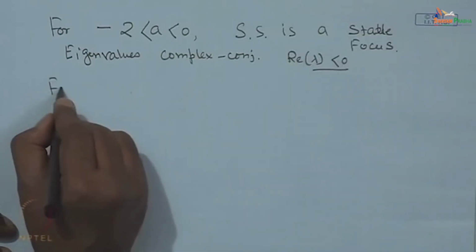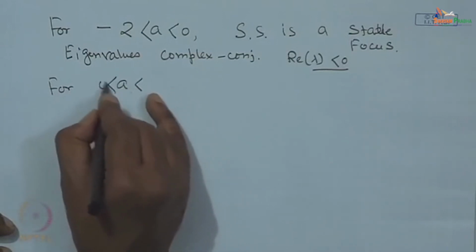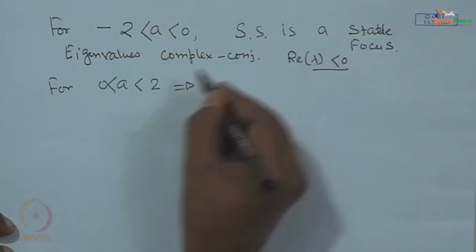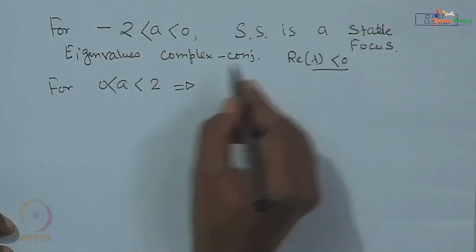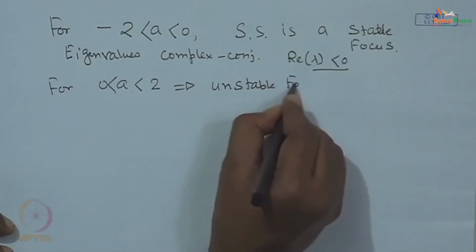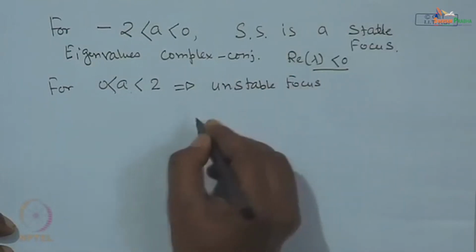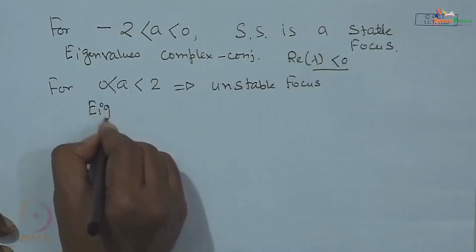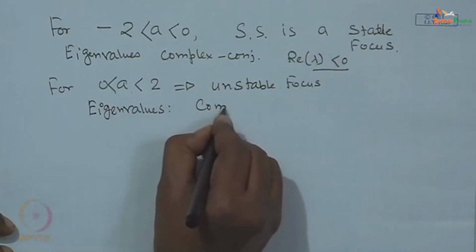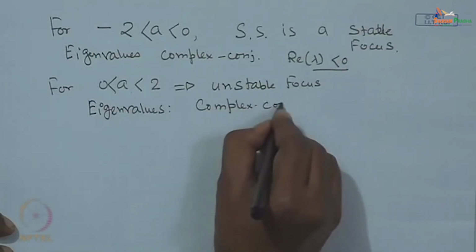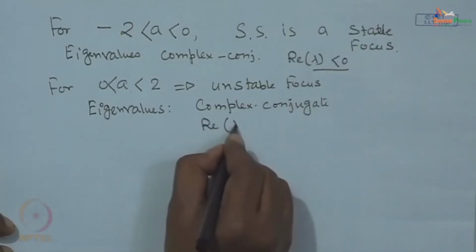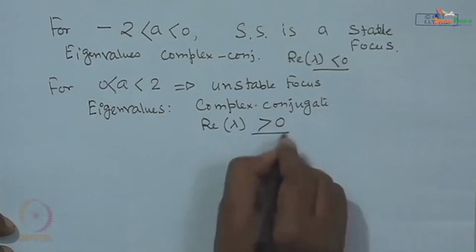For A lying between 0 and plus 2, we will be having an unstable focus, because in this case the eigenvalues will again be complex conjugate, but the real part of the eigenvalues will be greater than 0.